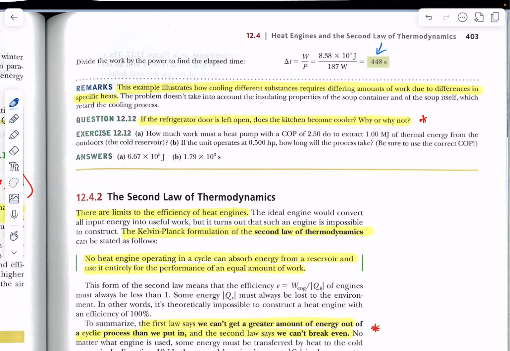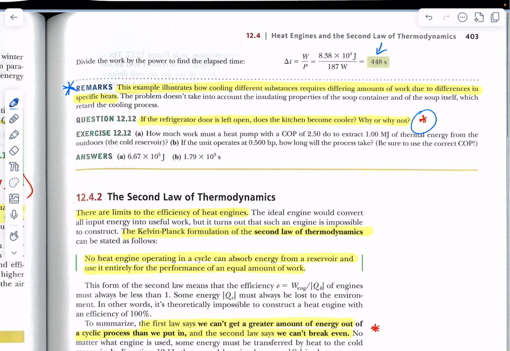Our remark right here is that this example illustrates how cooling different substances requires differing amounts of work due to differences in specific heats. Now this is an interesting question: can you cool down your kitchen by leaving the refrigerator door open, so that the refrigerator is cooling not just itself but your entire kitchen?